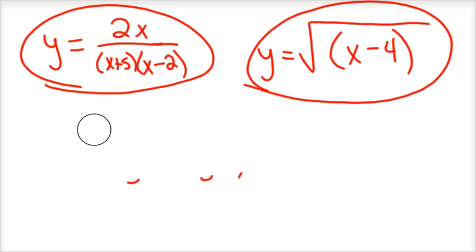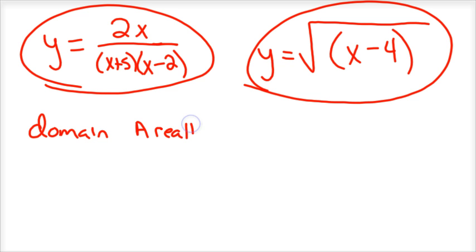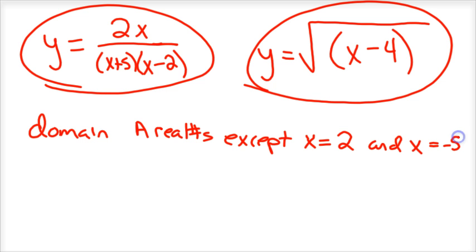So again, there are lots of mathematical symbols for that, but I'm more interested that you just understand what the concept means. My domain is all real numbers, like before, except the 2 I just listed, except when x is equal to 2 and when x is equal to negative 5.